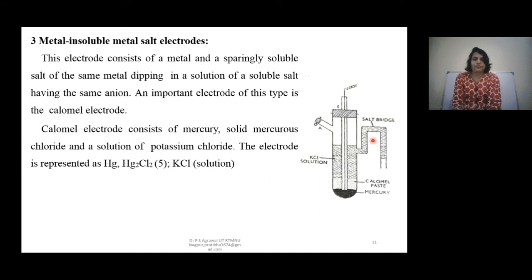The side tube is filled with an agar-agar and KCl salt bridge solution. This tube is connected with a salt bridge to the other electrode, the potential of which is to be determined. So this is all about the calomel electrode. In the exam, you can be asked to write down the construction of this calomel electrode.